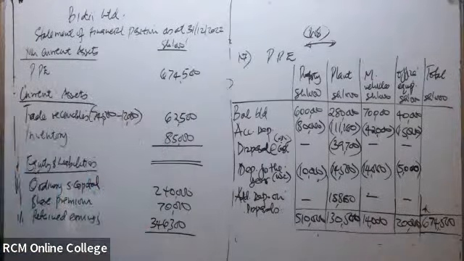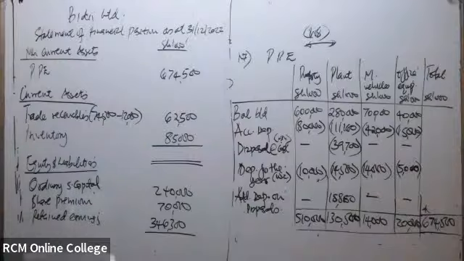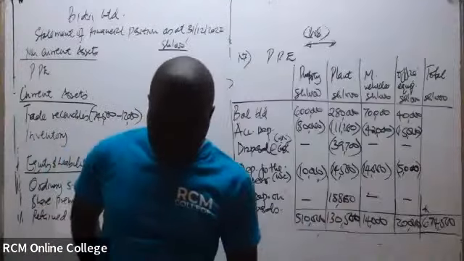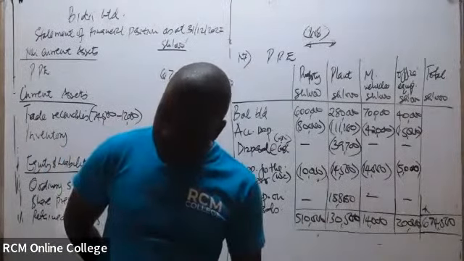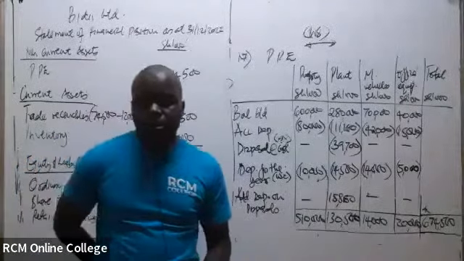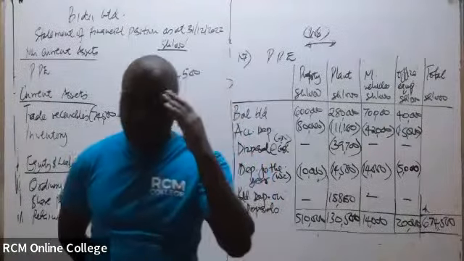So we can go and identify whether we have any non-current liability. Do we have any non-current liability? Try to think, look at the question.